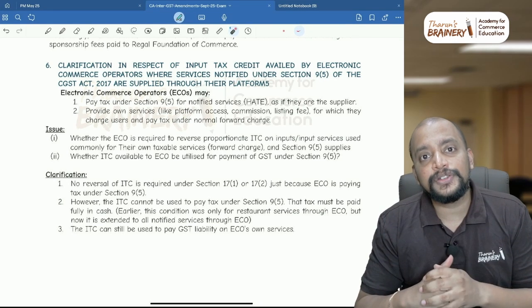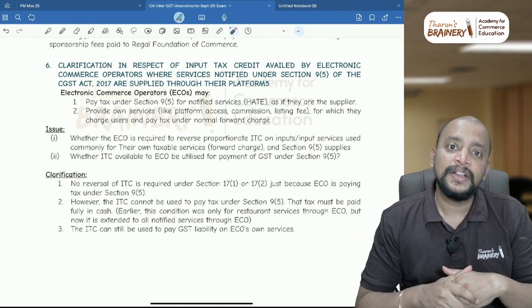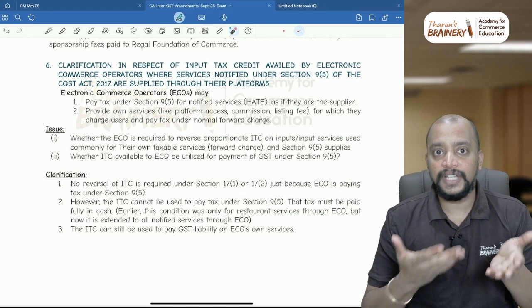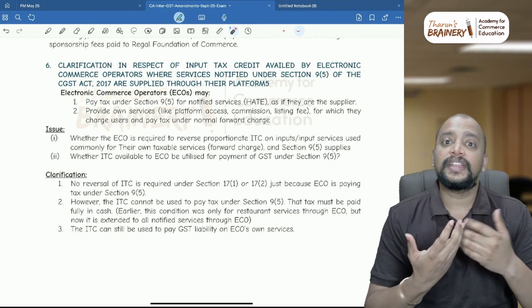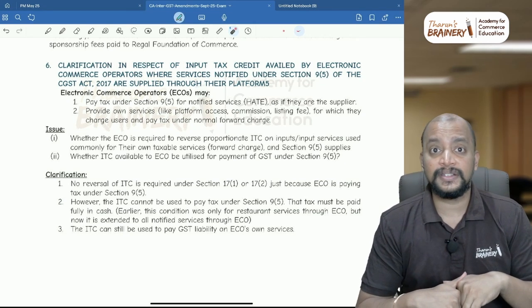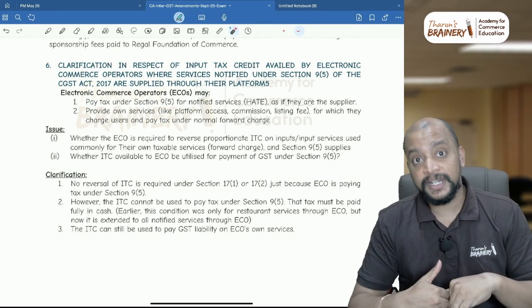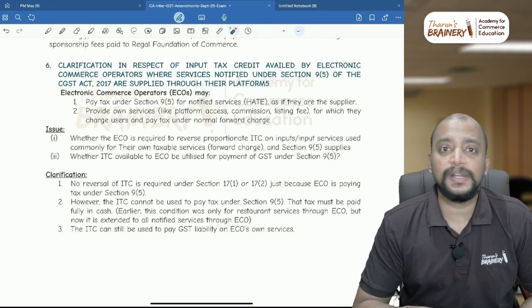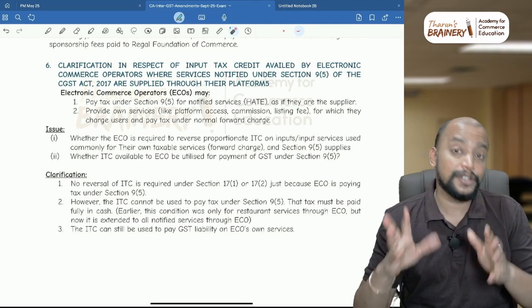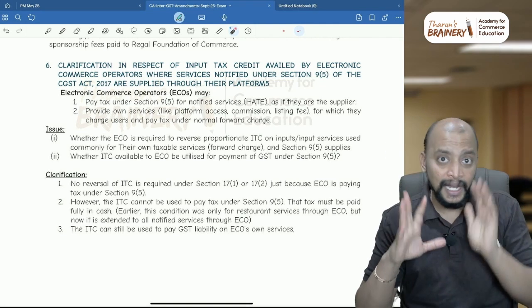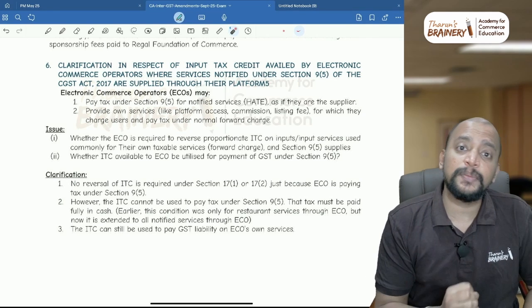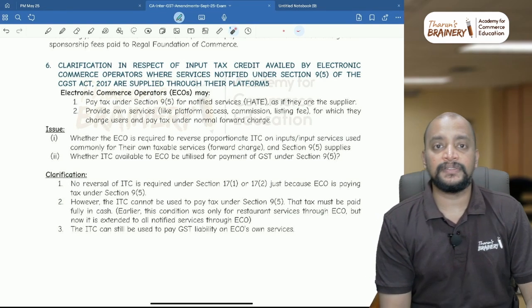What are the inward supplies of an e-commerce operator? We have a platform, so they have to buy the platform and they need to buy the server space and they need to receive the advertising services and technology development services. A lot of inward supplies will be there for e-commerce operators. So with respect to those inward supplies, they will have ITC, and can they utilize that ITC for payment of GST under 9(5)?